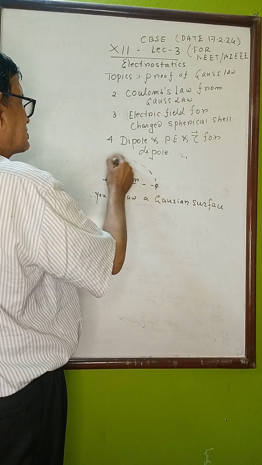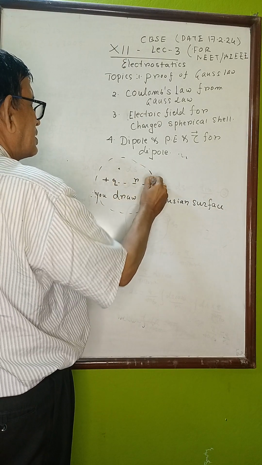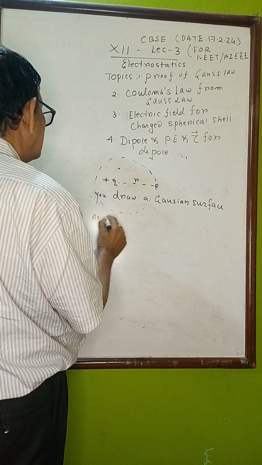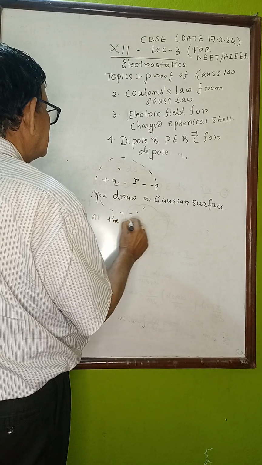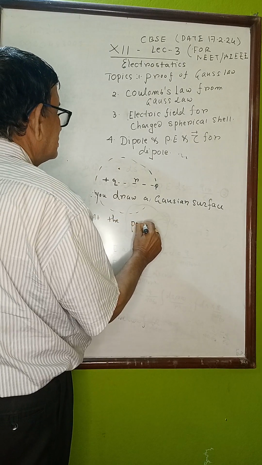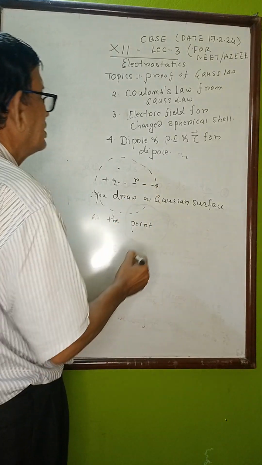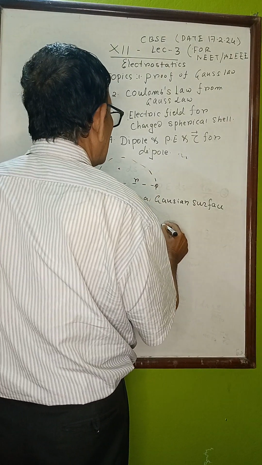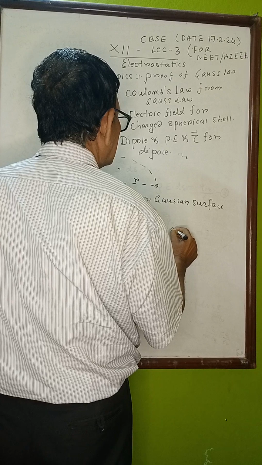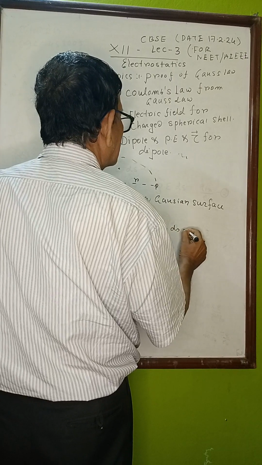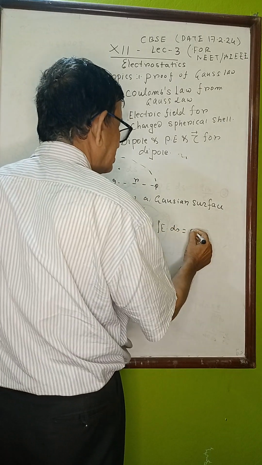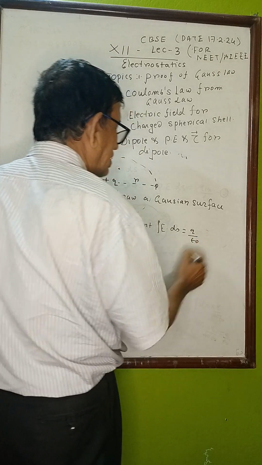If you draw the Gaussian surface, then at the point P, what are you getting? Integral of E dot ds equals total charge q by epsilon naught, already I know.